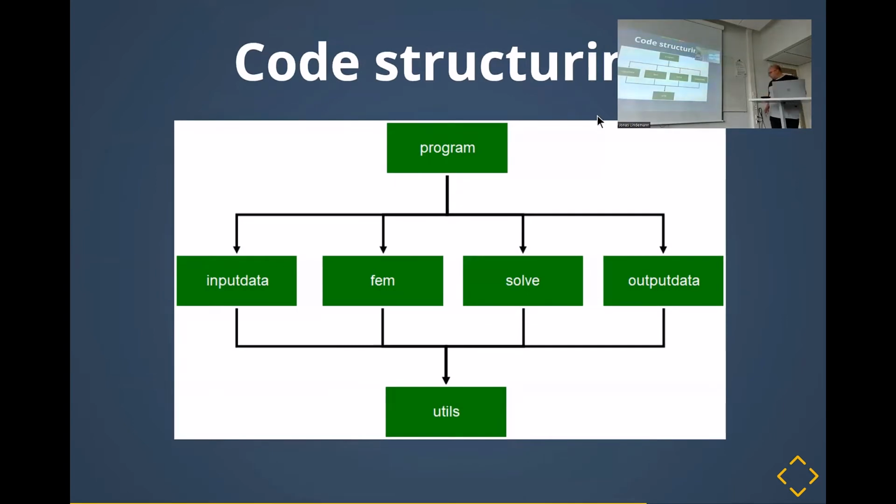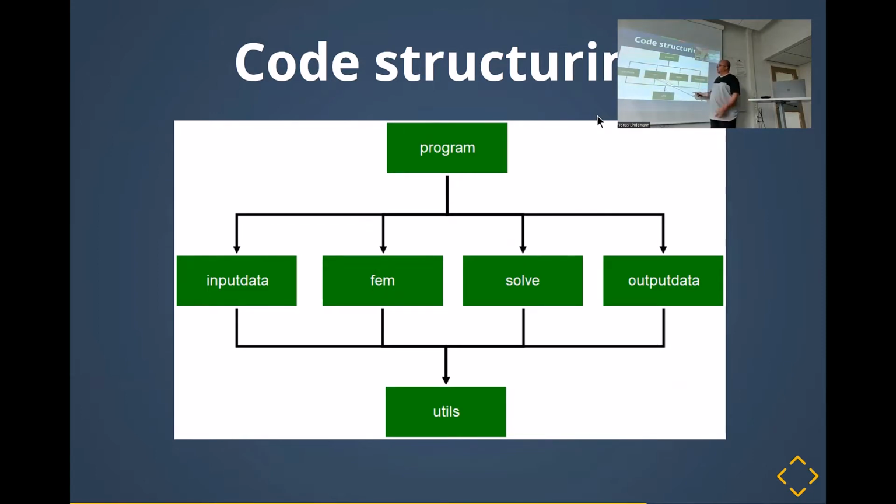This is an example of how you could divide up your source code. You have your main program, and then you have a number of modules for different things. For example, one module could be for providing input data to your code, or reading and writing data.